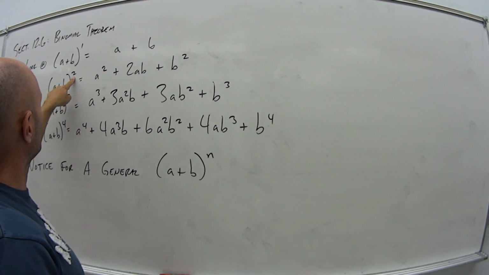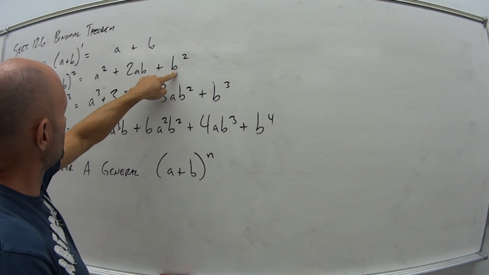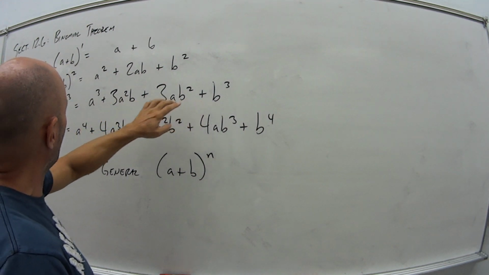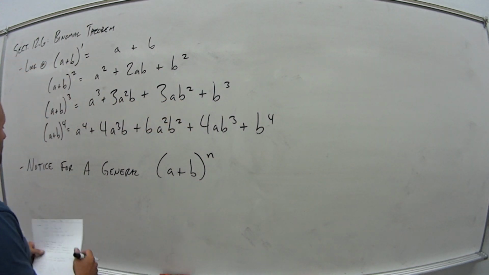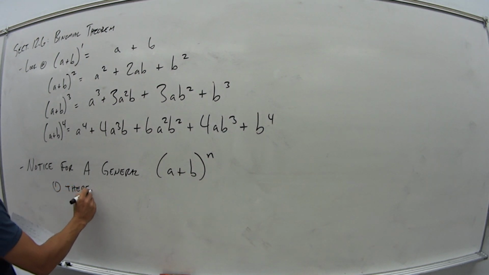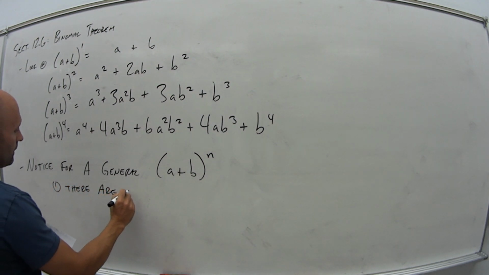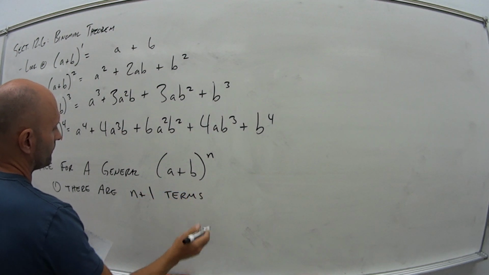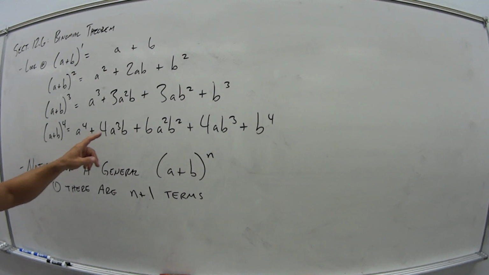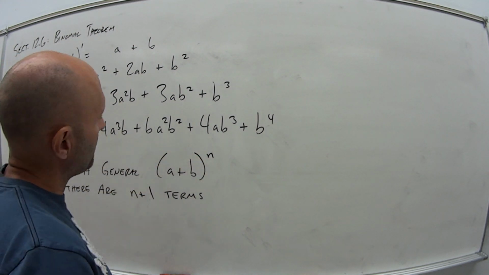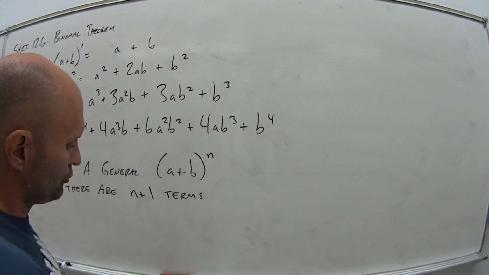When raised to the second power, how many terms? 1, 2, 3. How many here? 1, 2, 3, 4. So the first thing we see is there are n plus 1 terms. If my n power here is 10, if I multiplied it all out, I'd have 11 terms.